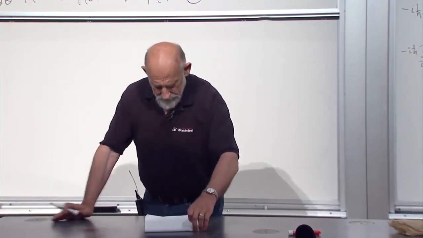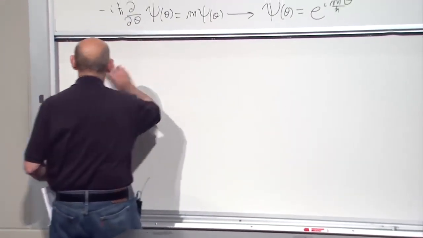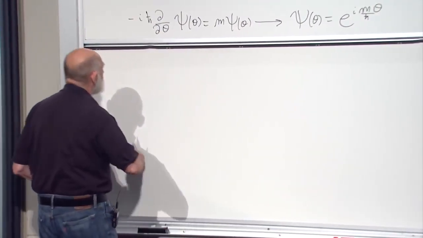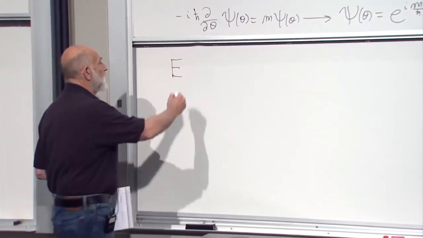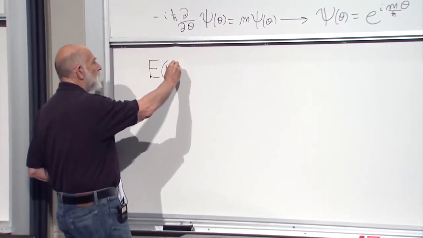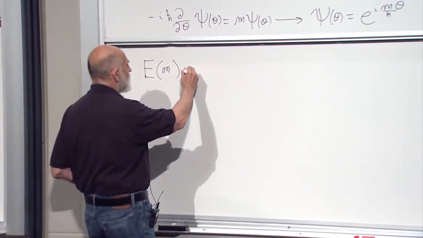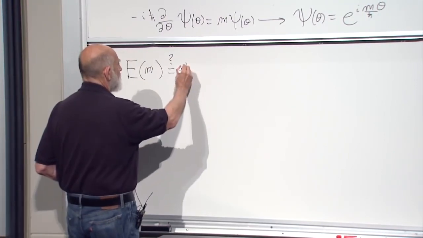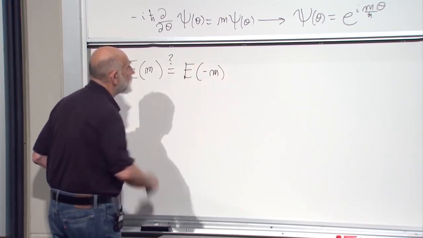But must it be that the energy of a state with angular momentum m, that's the eigenvalue, must it be the same as the energy of a state with angular momentum minus m?